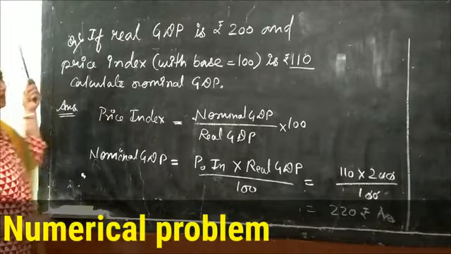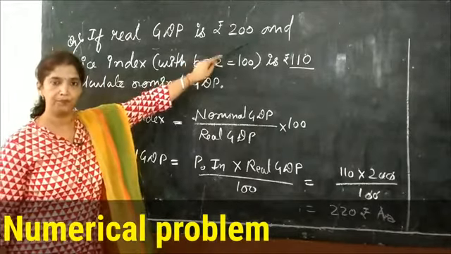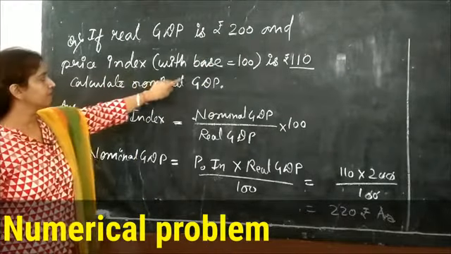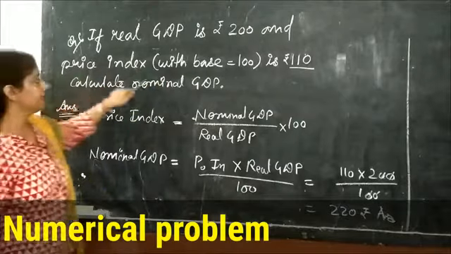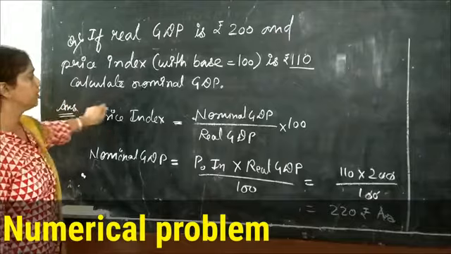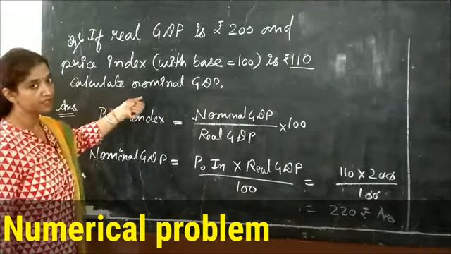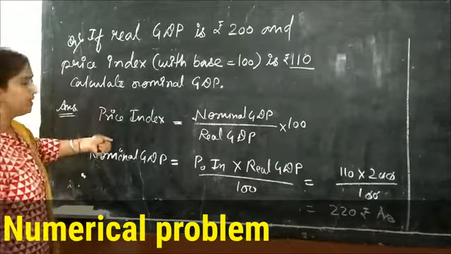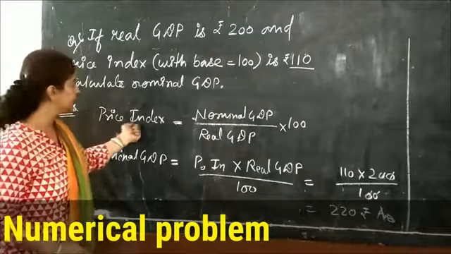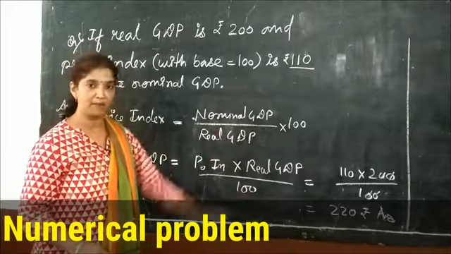One numerical problem: if real GDP is rupees 200 and the price index with base 100 is 110, calculate nominal GDP. We are given the price index, that is the GDP deflator, and the formula is GDP deflator or price index equals nominal GDP upon real GDP multiplied by 100.